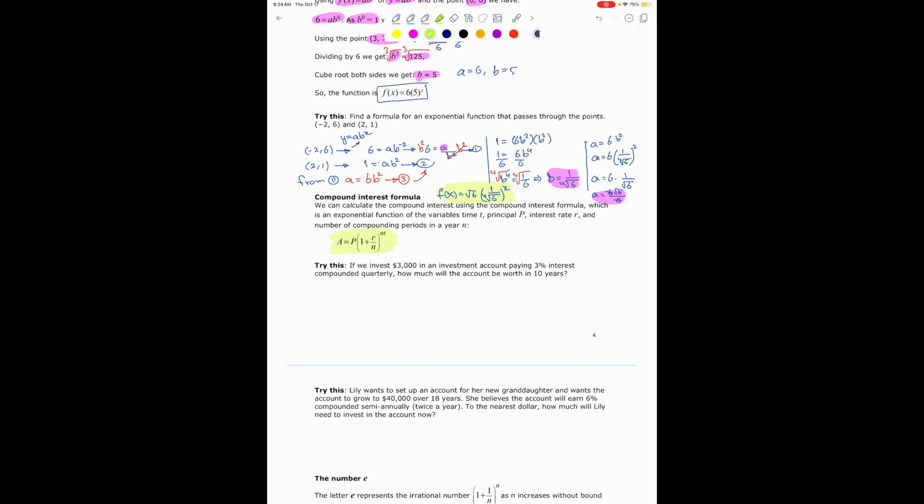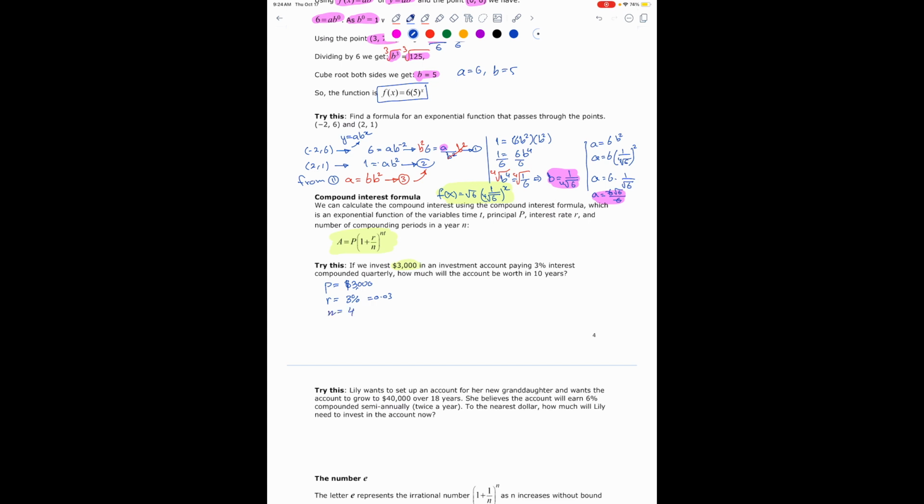If we invest $3,000, so the principal amount here is $3,000, in an investment account paying a 3% interest rate, so r is equal to 3%, or in other words, 0.03, compounded quarterly, so n is equal to 4, because quarterly means 4 times a year.